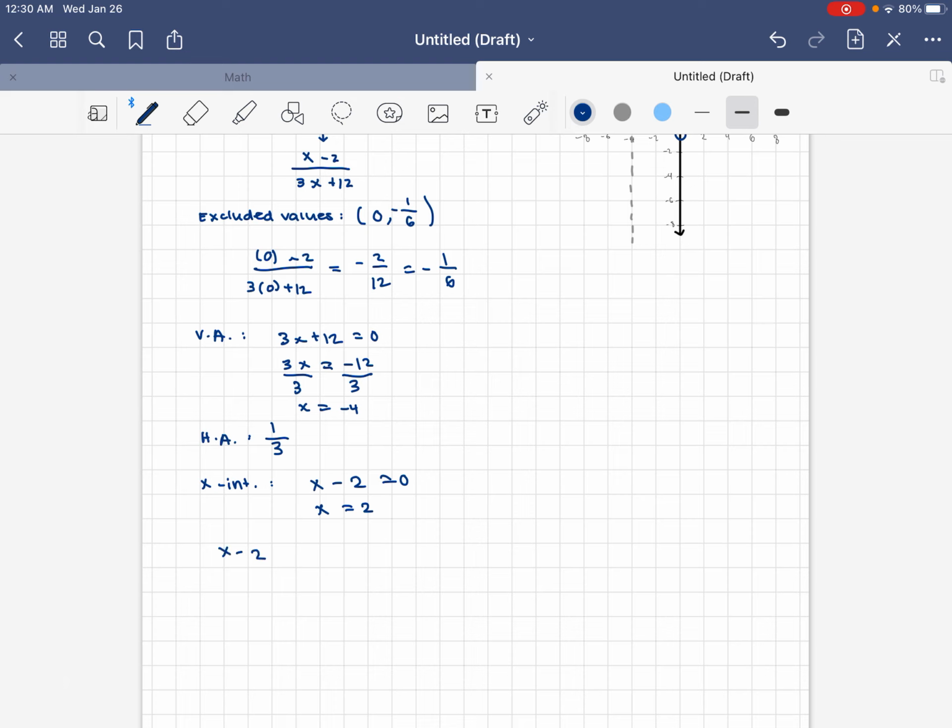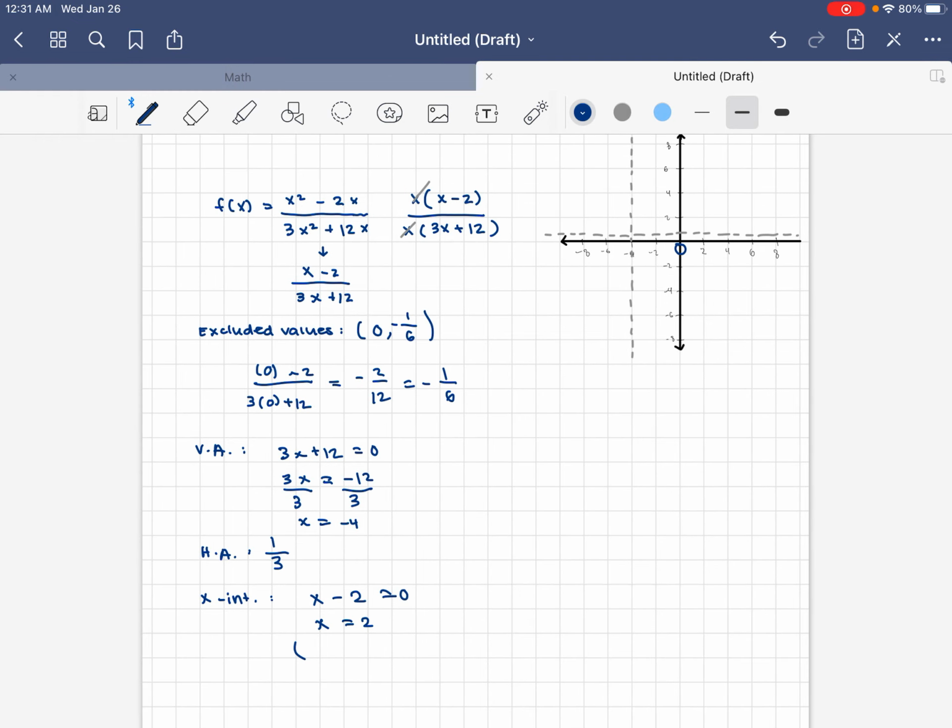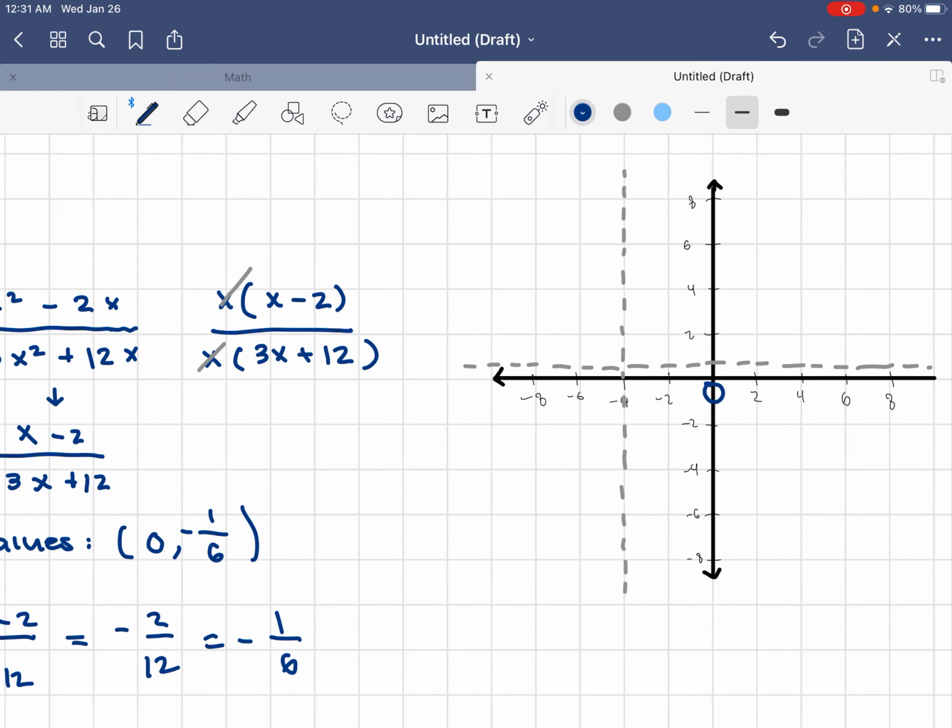But when you set it to 0, you're going to get rid of the denominator, and the other side is going to stay 0. I just skipped this step because all it's saying is that we're going to solve for the numerator. Okay, so x equals 2. So that's our x-intercept. So the coordinate pair for that is this. So we're going to plot that on here.